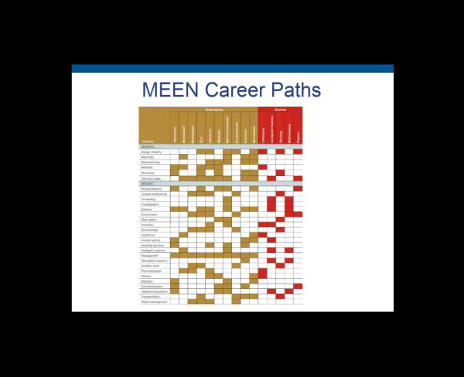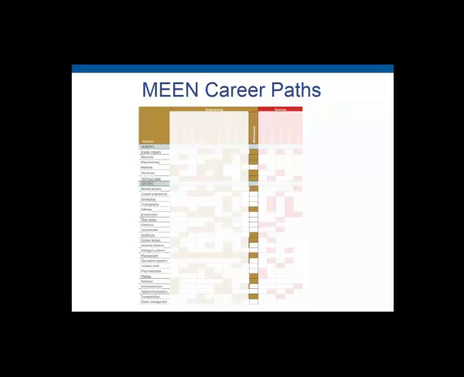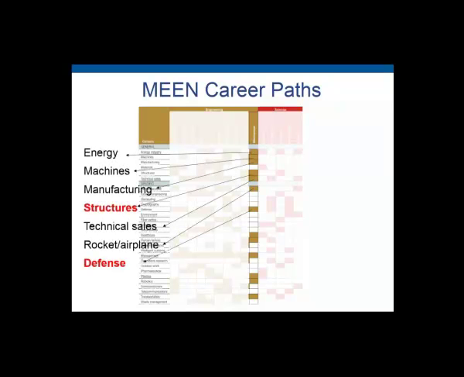Here is a table. This is a correlation table. It shows what mechanical engineers will do after they graduate. Mechanical engineers work in many job areas like energy, machines, structure, and defense. I highlighted those two words in red because those areas are specifically designed for mechanical engineering majors.